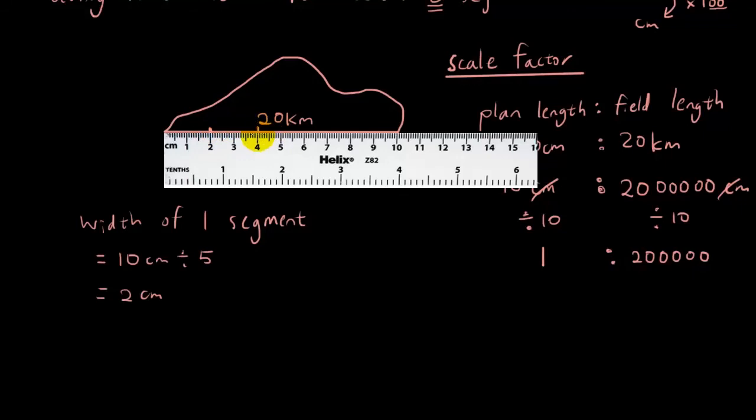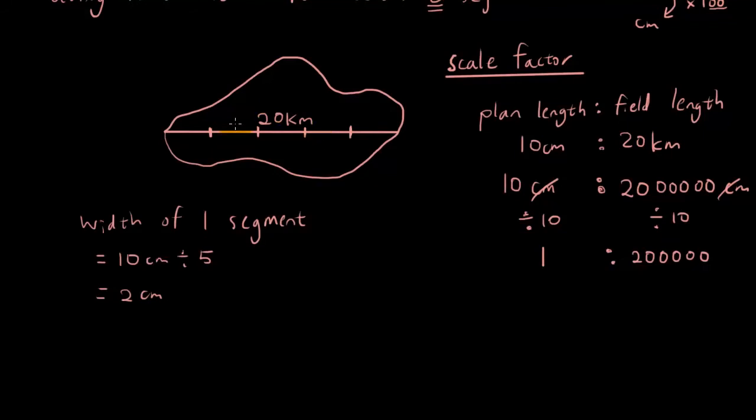So we got 2, 2, 2, 6 plus 2 is 8, so we got 5 segments. And now we can draw a vertical line down at each segment. Okay, so we got 5 segments, which is great.